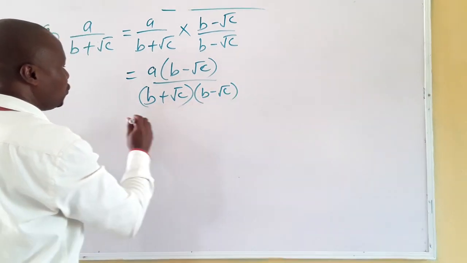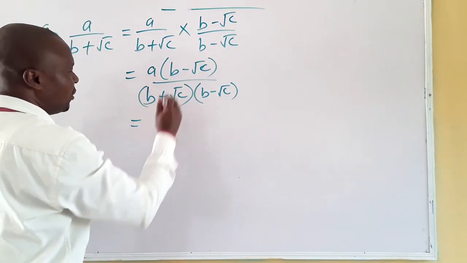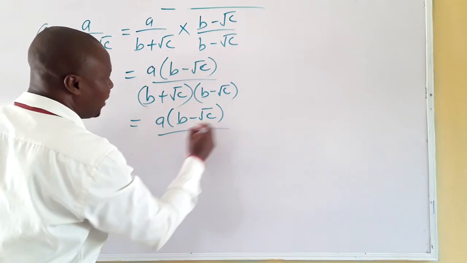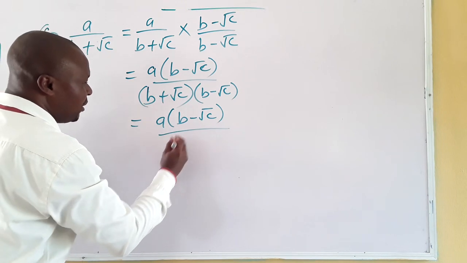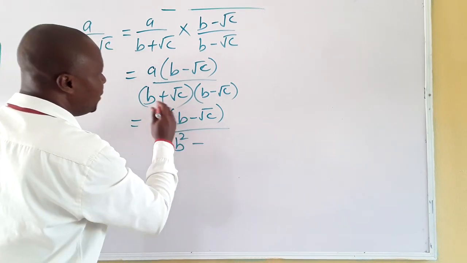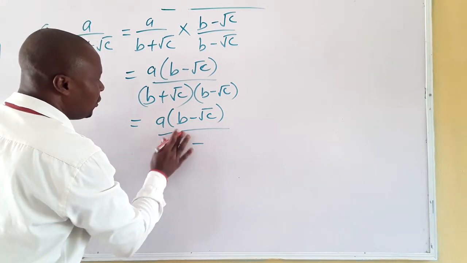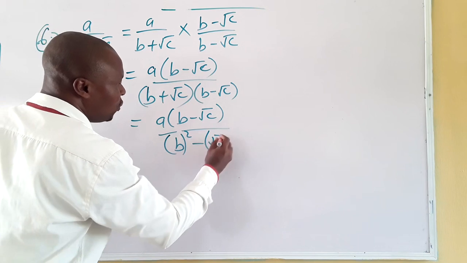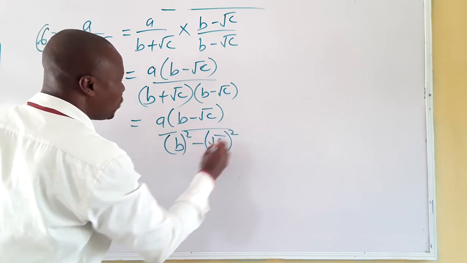Now this difference of two squares, in the numerator is root a into b minus root c divided by, this will be b squared minus root c all squared.